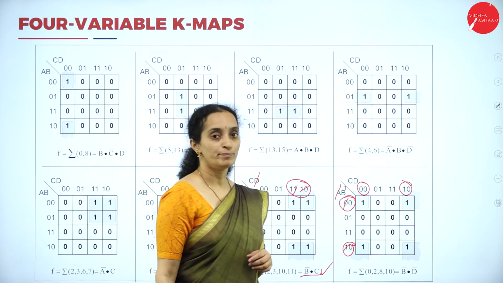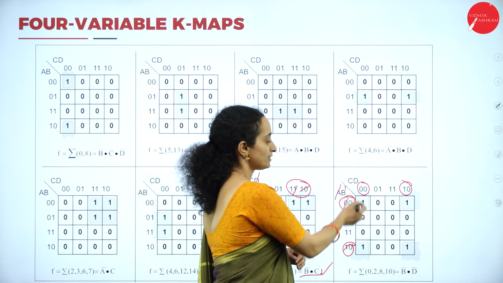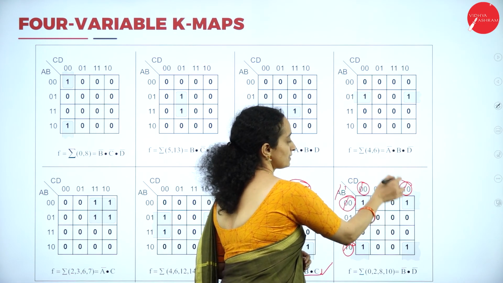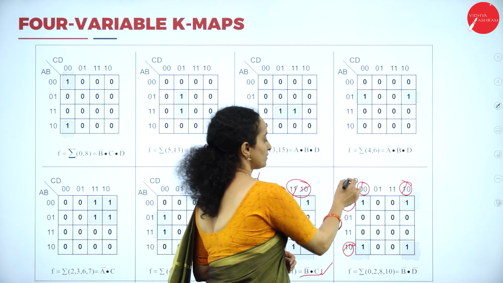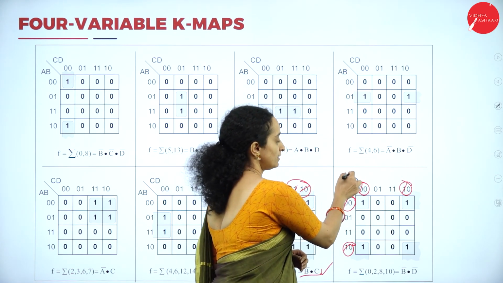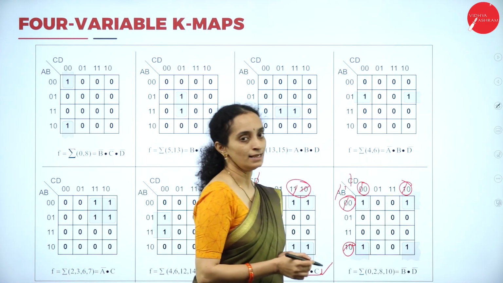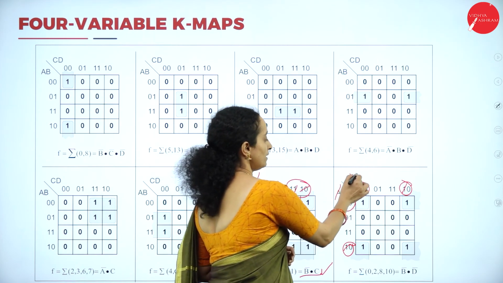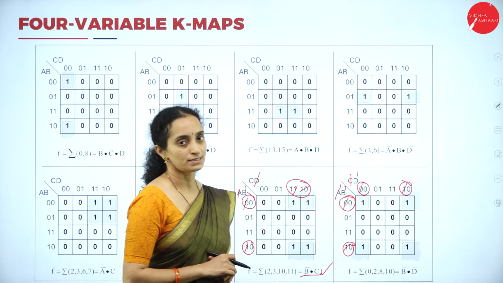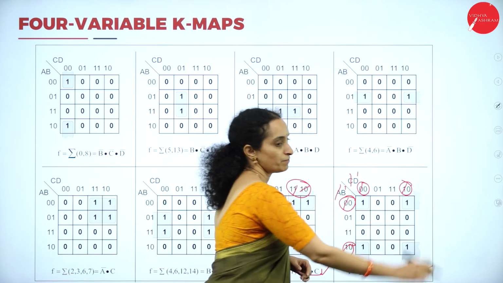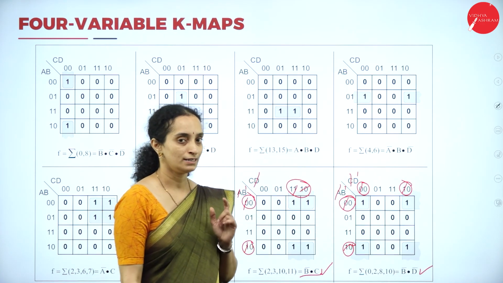That will become B dash. Let's check with C and D. C is changing its state, so that will be cancelled. Now we have D remaining in the same state, that is in the complement state. It will be D dash. Final expression is B dash into D dash.